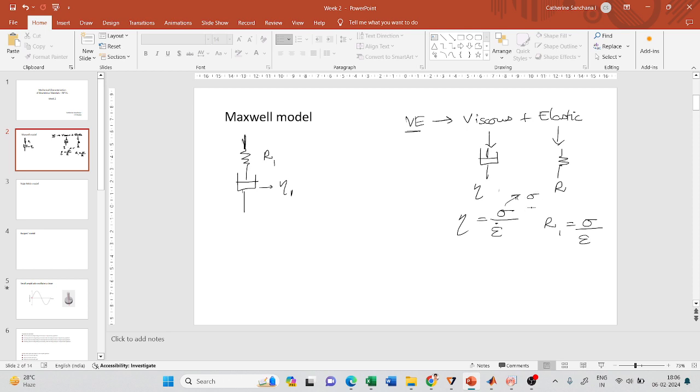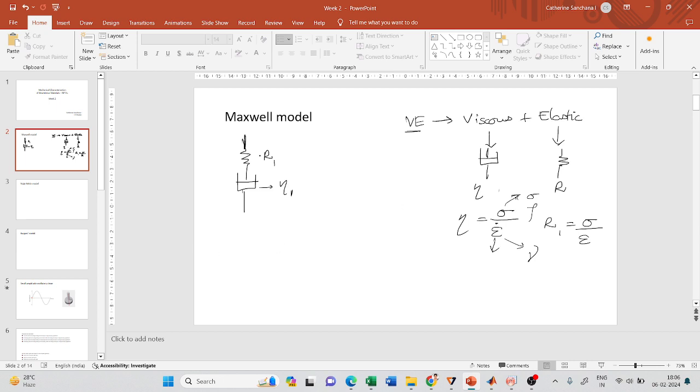If it is a shear stress, I will represent this as tau, and if it is an axial strain, I will represent it as epsilon, and if it is a shear strain, I will represent it as gamma. So here I'm not considering whether I'm applying a shear stress or normal stress. I'm just using these notations.